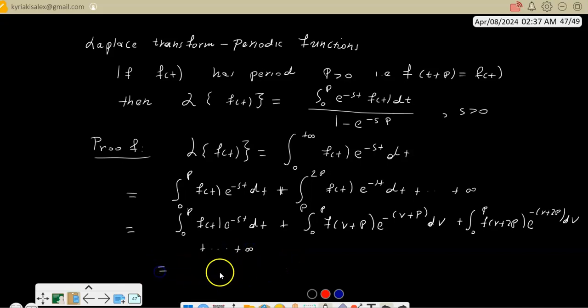And because the function is periodic, we can use this relationship here and switch back to the variable t.